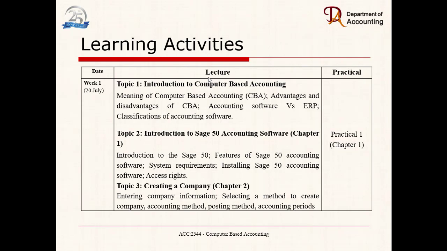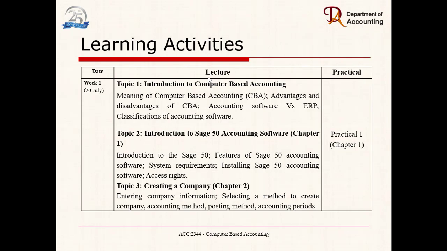So therefore we are going to learn about how to enter the profile, or how to enter the general information of this company. So in that particular case, you would be setting some basic information like the name of the company, the address of the company, the emails, the fax, the telephone, the VAT registration numbers.